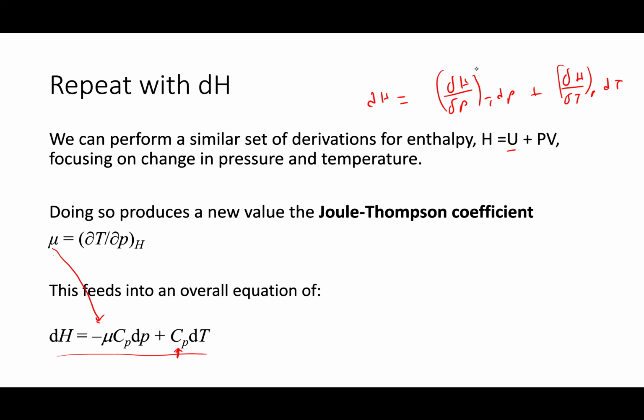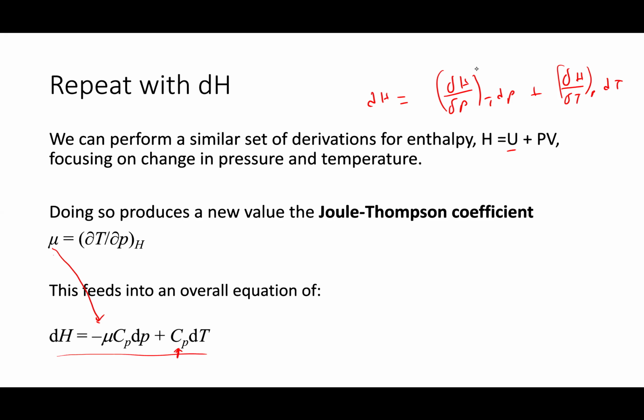And luckily, again, we have basically a lot of constants. The Joule-Thomson coefficient is basically a constant, Cp is a constant, and that's basically everything we need there.